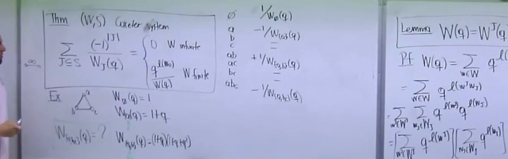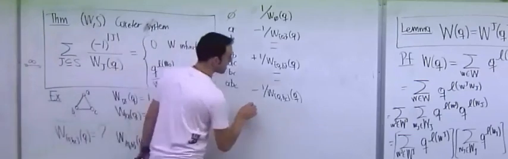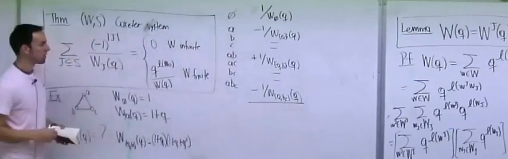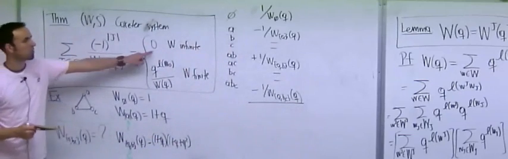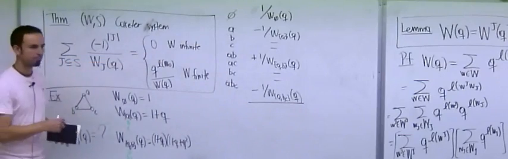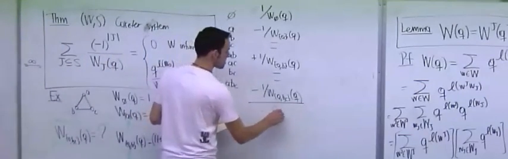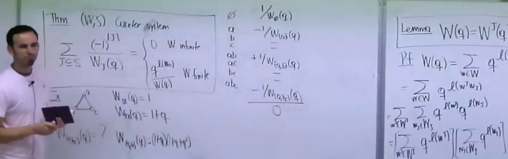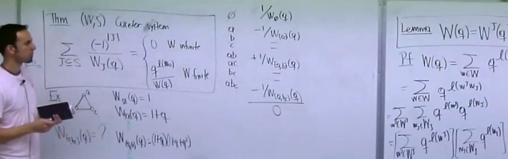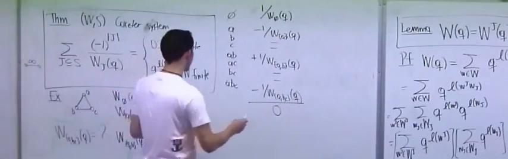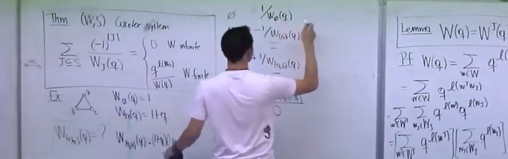And what this theorem says is that when I add these 8 things together, I get 0 because this is an infinite group. So let's go ahead and do that. This guy is 1.